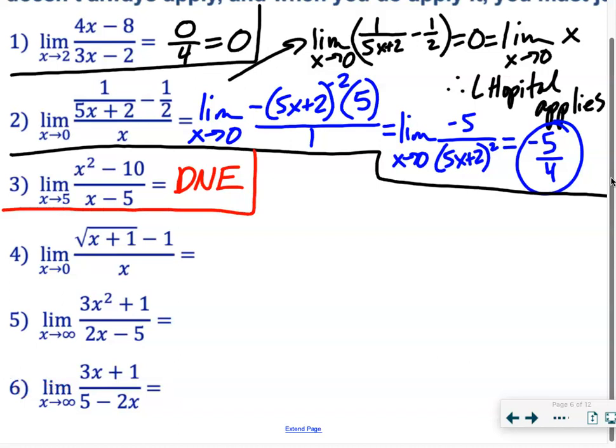All right. The next one, if I plug in a 0 to the top, what do I get? If I plug into the bottom, what do I get? 0. Is this a L'Hopital? Yes. So go ahead and take a minute, write your justification first.